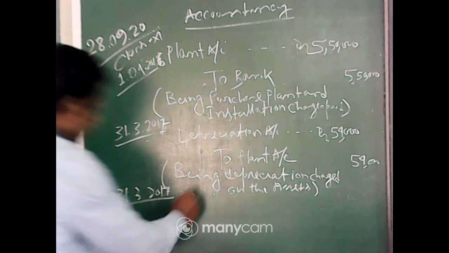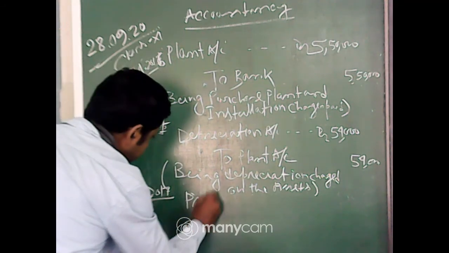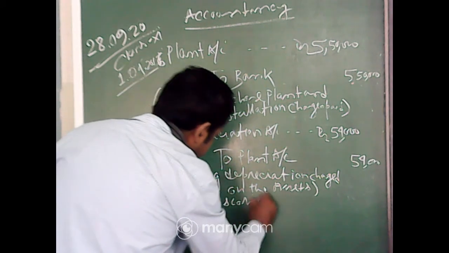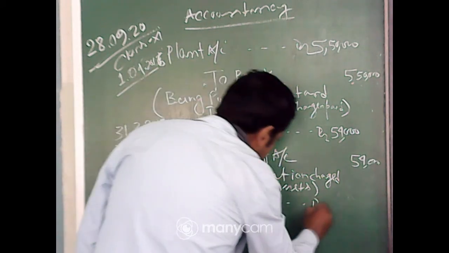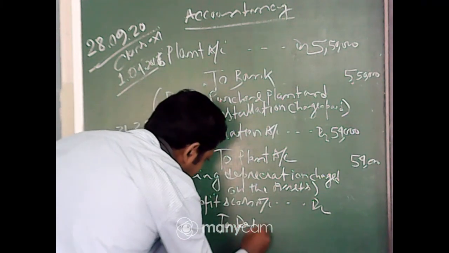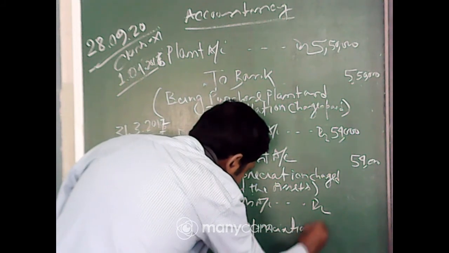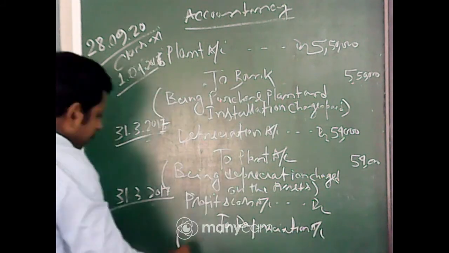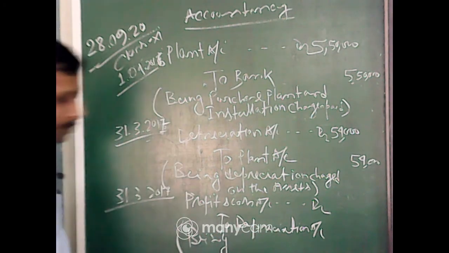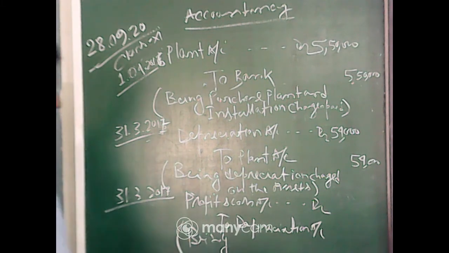Profit and loss account debit to depreciation account, because we are transferring the depreciation to the profit and loss account. Now, what will be the narration? Being depreciation transferred to profit and loss account, or depreciation debited to profit and loss account.